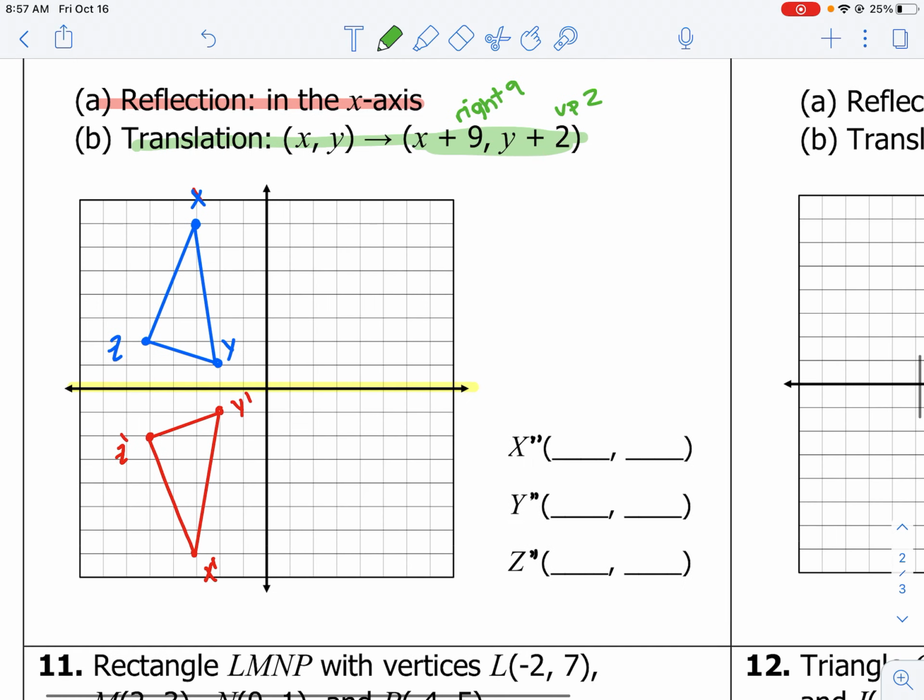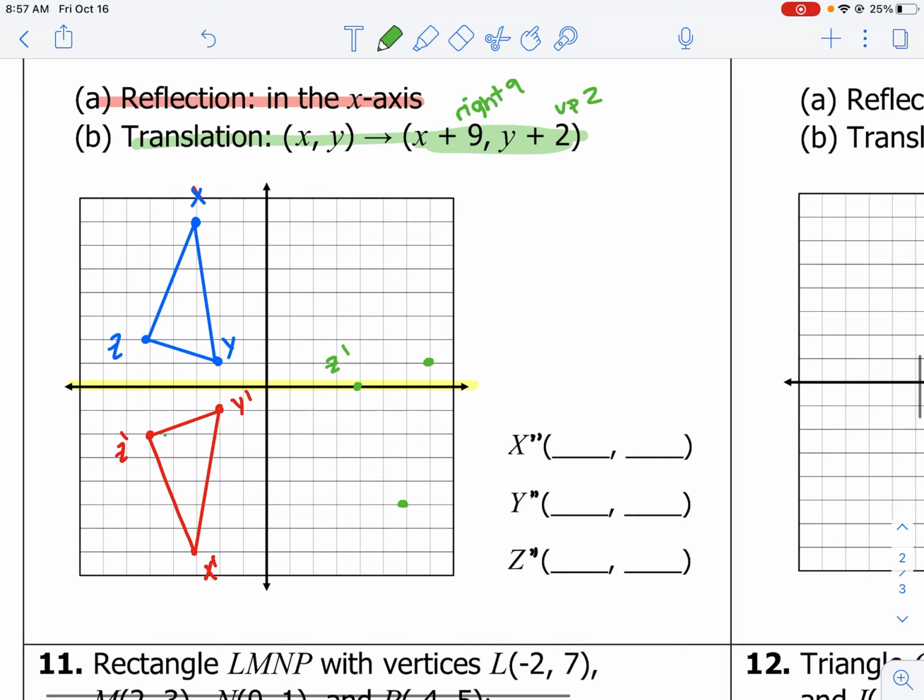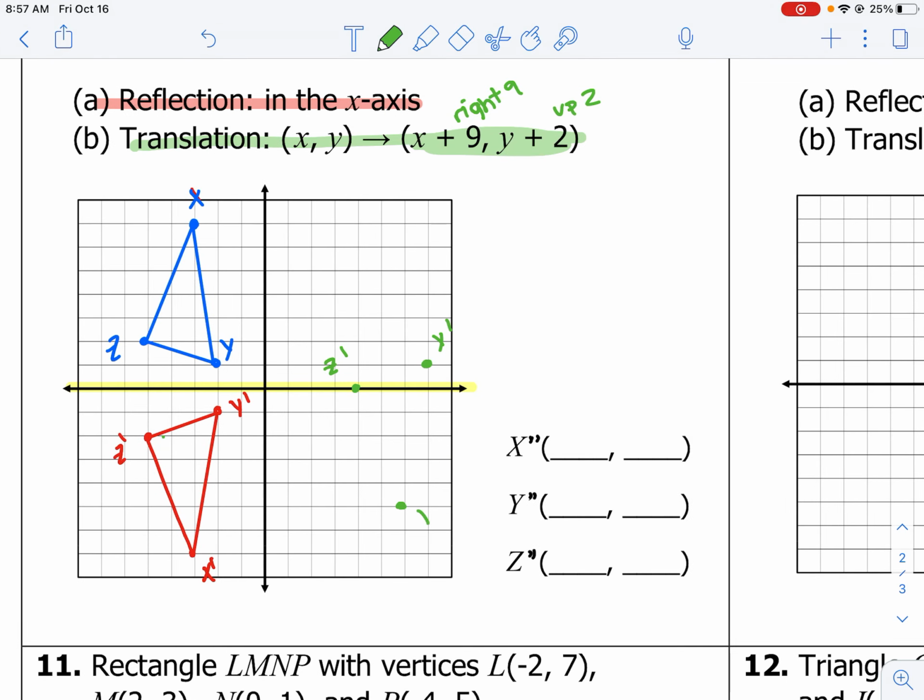So I'm going to move the red triangle to the right 9 and up 2. So I have z prime, y prime, and then x prime.